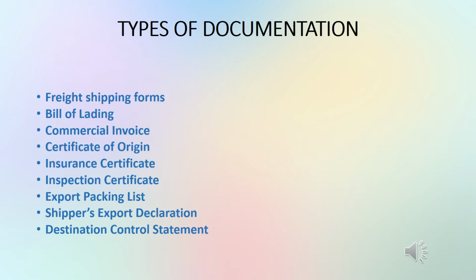There are 9 types of documentation when we need to deliver our items. First is freight shipping forms, bill of lading, commercial invoice, certificate of origin, insurance certificate, inspection certificate, export packaging list, shipper's export declaration, and lastly destination control statement.